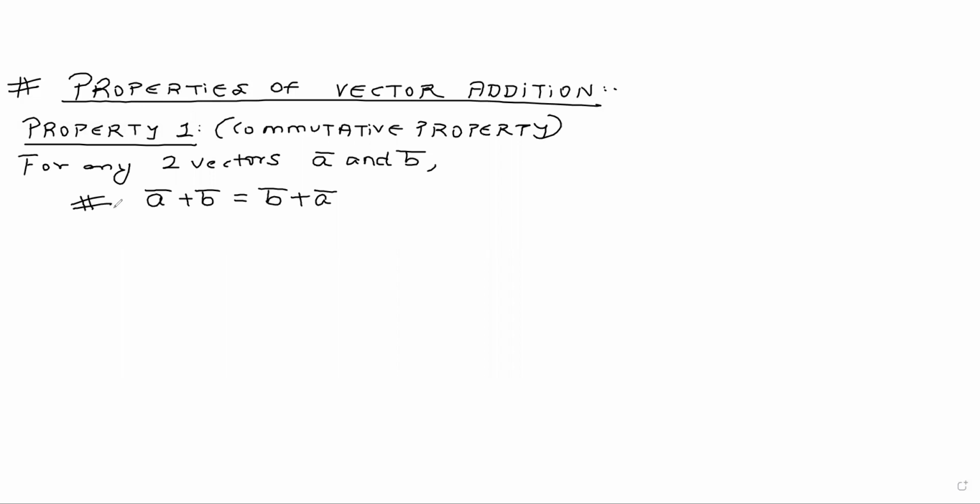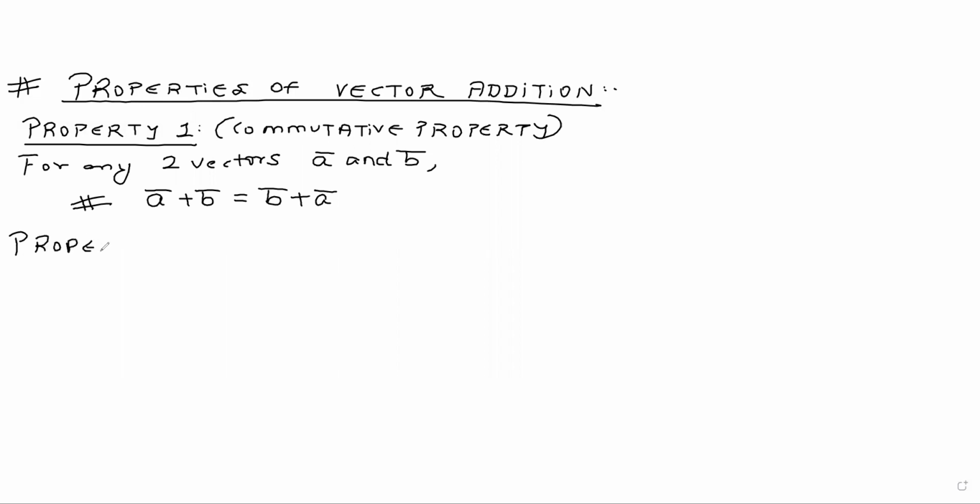This is the commutative property. Whether you add vector A plus vector B or you add vector B plus vector A, they are the same. So I hope students are clear with the commutative property.